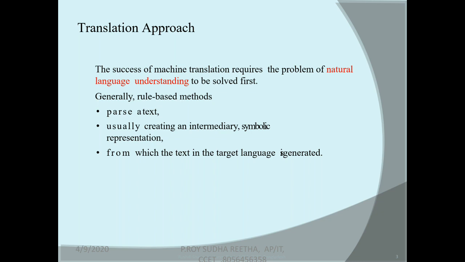The rule based method involves three steps. First, we parse the text. Secondly, we create an intermediate symbolic representation. Thirdly, from the given text a target language is generated. This is the main form of translation approach, which requires solving the problem of natural language understanding.